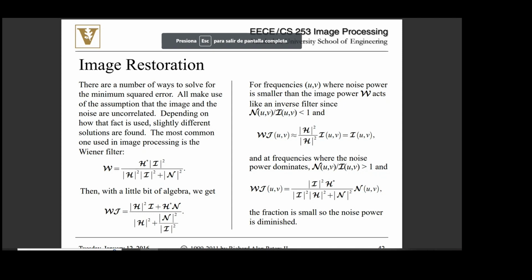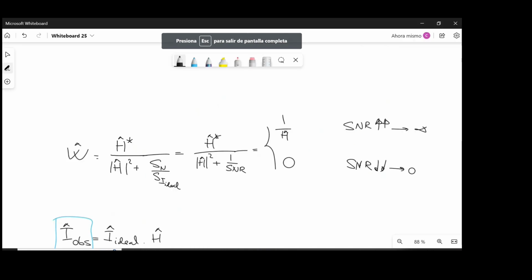If I have a very high signal to noise ratio, this term will be small, this term will be small, and the only one remaining is this one, and then I will have something that looks like I. And this is the other analysis when you have a very low signal to noise ratio. But I think these analyses are more clear in that form than in the one in the slide.